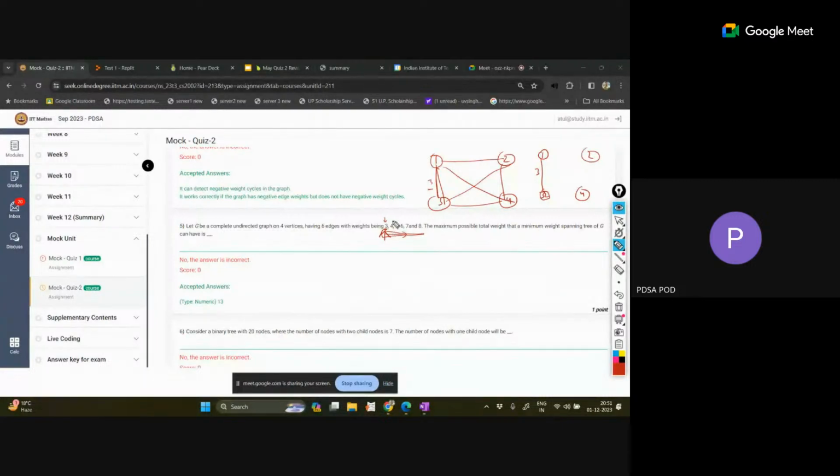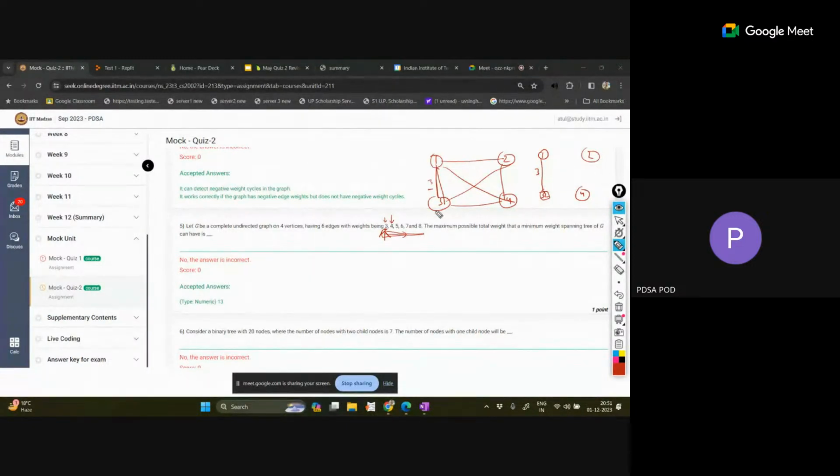Similarly, after selecting this, the next smallest weight is 4. Same thing, 2 edges cannot create a cycle in the graph. That means 3 and 4 will definitely be selected in the MST if these weights come on any edges in the input graph.